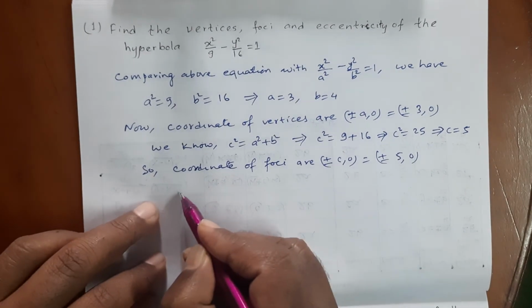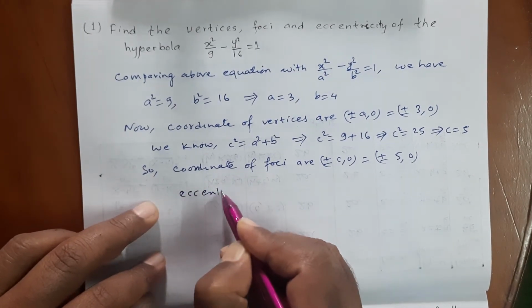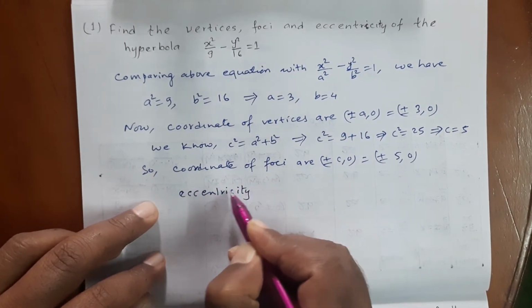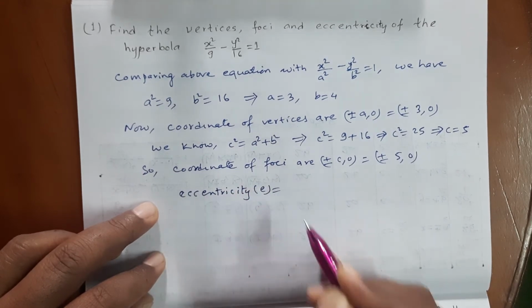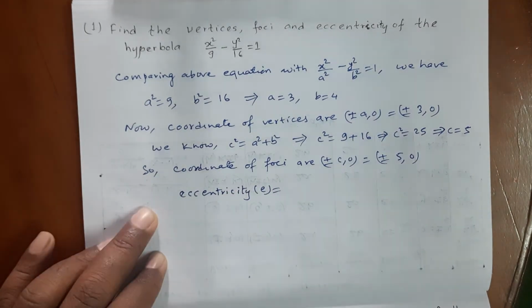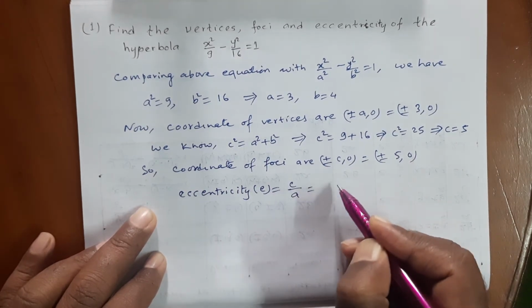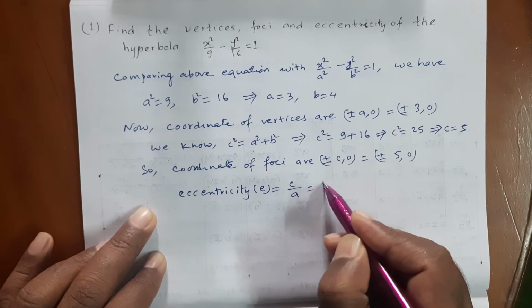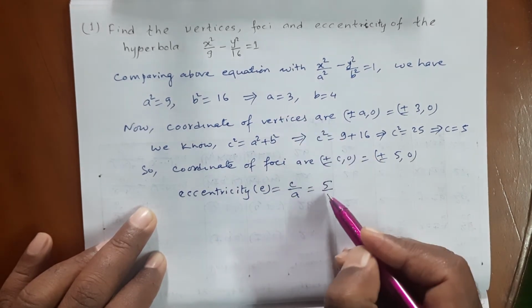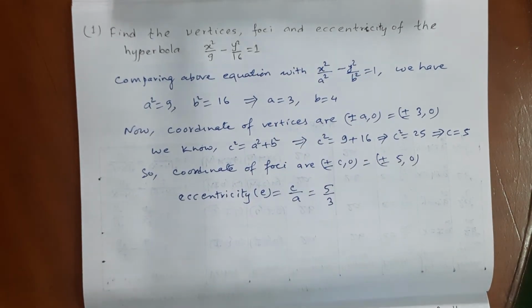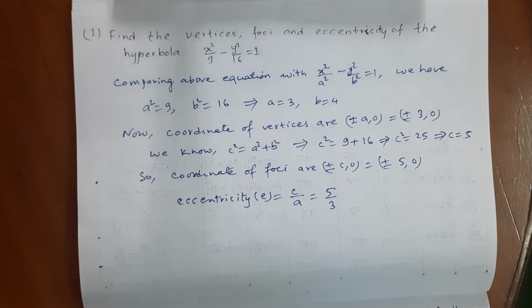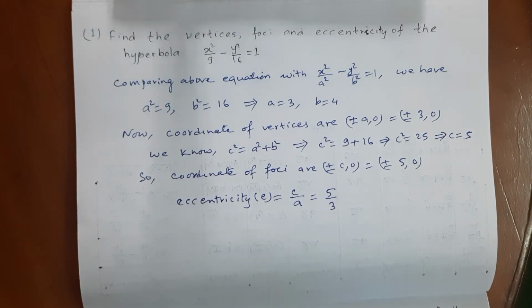The eccentricity formula, when the transverse axis is along the x-axis, is e equals c over a, so c value is 5 and a value is 3. In this way we have found all the required parameters of this hyperbola.